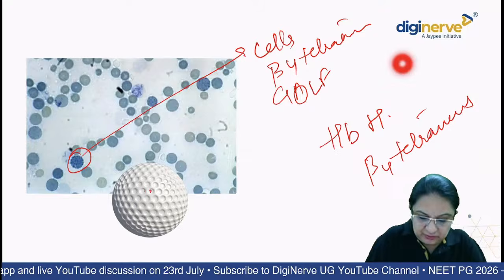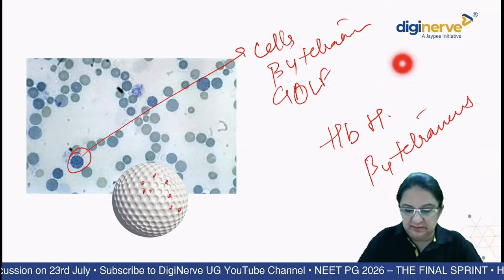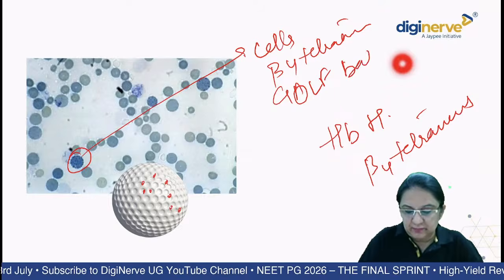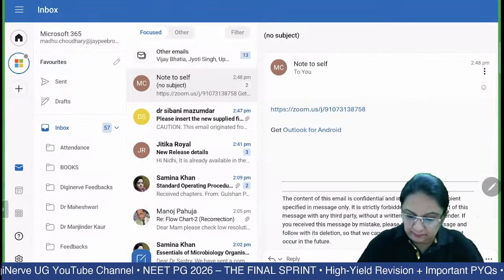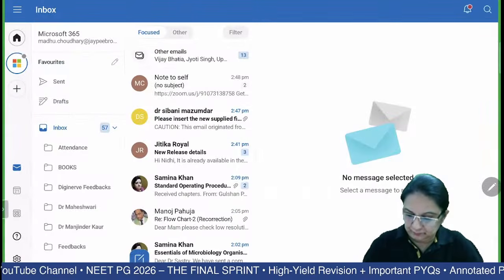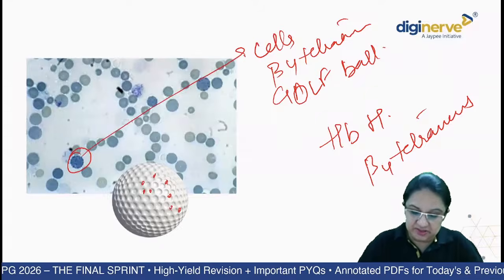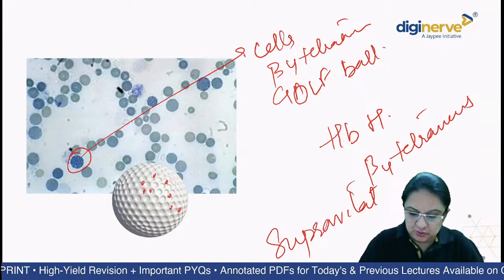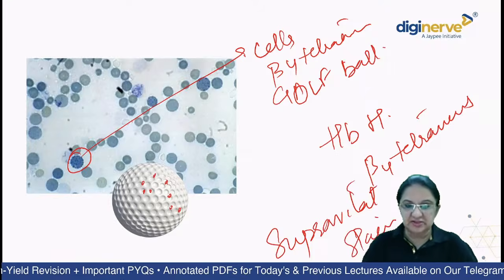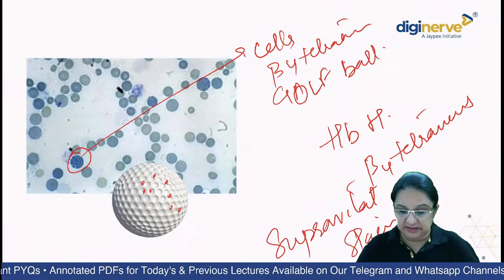See, these dots that you have in a golf ball, just like this, the cell appears. And what is the stain that we are using here? We are using supravital stain. So this was HbH disease, 3 alpha chains deleted.